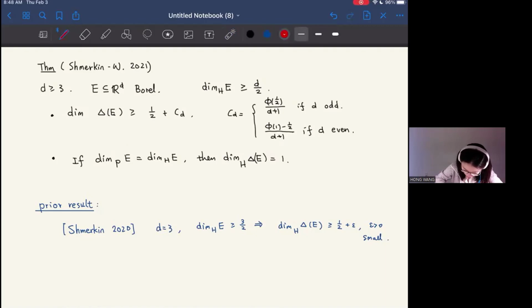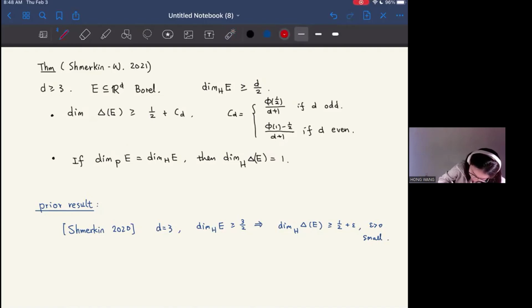Then the dimension here, I will specify which dimension later. The dimension of the distance set is greater than or equal to 1/2 plus c_D. c_D is an explicit constant given by some formula that's not quite important.